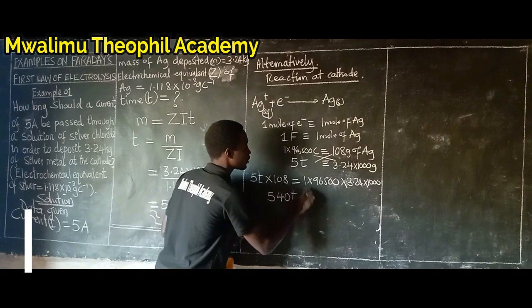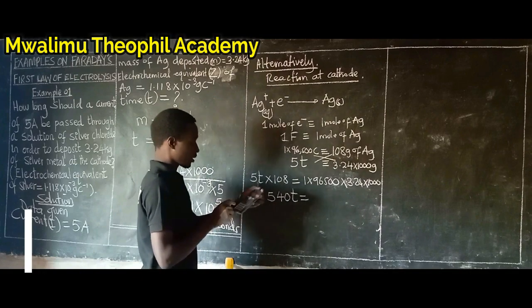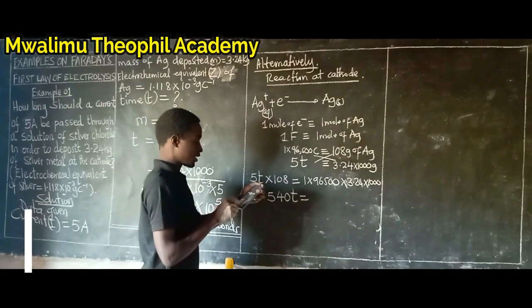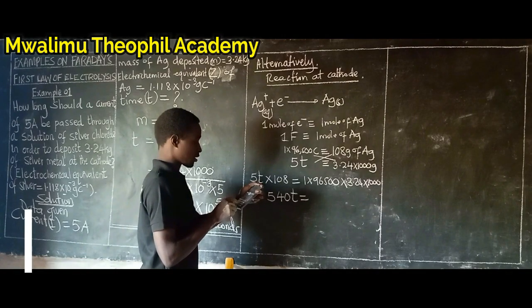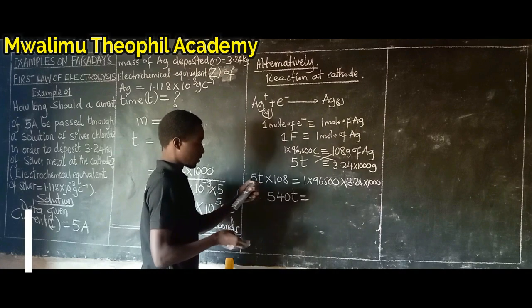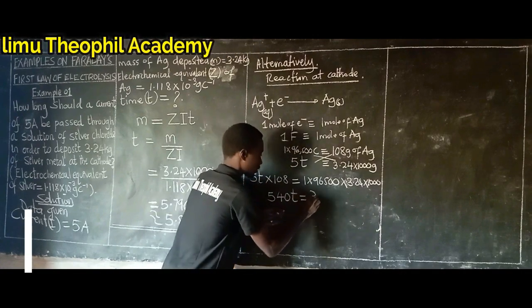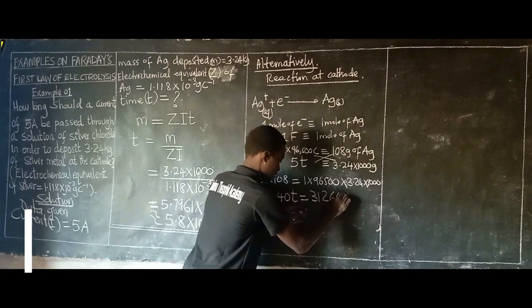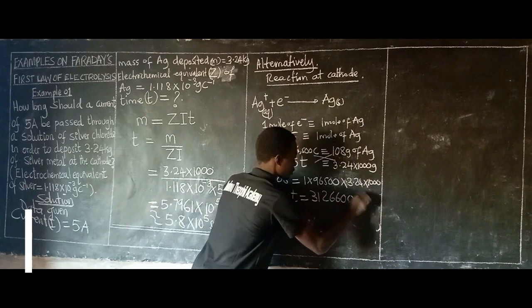It will be equal to, let us multiply this also. Here is 1 times 96,500 times 3.24 times 1,000. Here we are going to have 312,660,000.